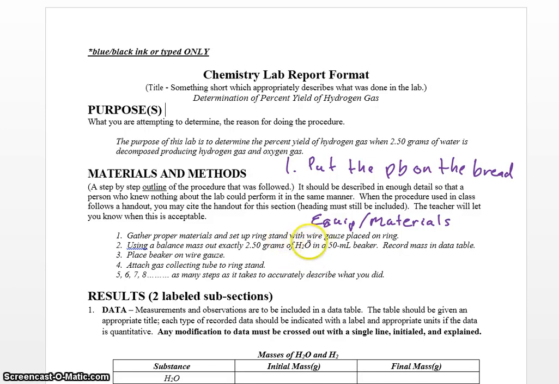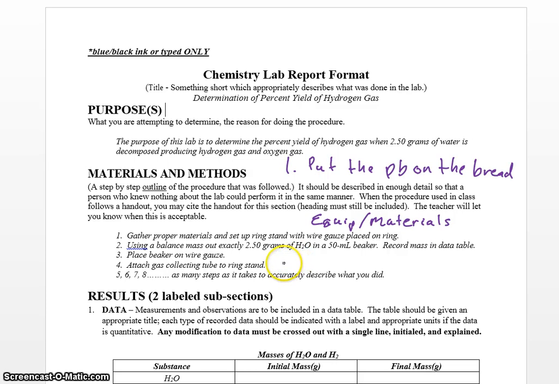So we're using water as materials, we're using a balance as our equipment in order to mass that 2.50 grams. Make sure that you always include any equipment, the size of the equipment that you're using if appropriate, any chemicals that you are using, specific concentrations if that's appropriate. Always make sure that you're including sufficient detail.